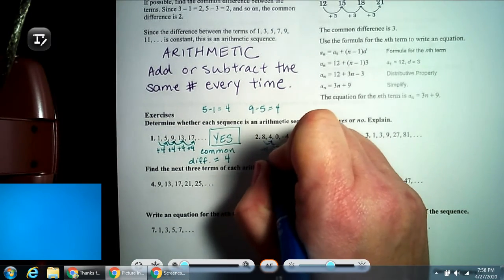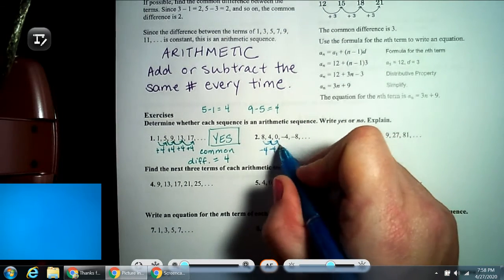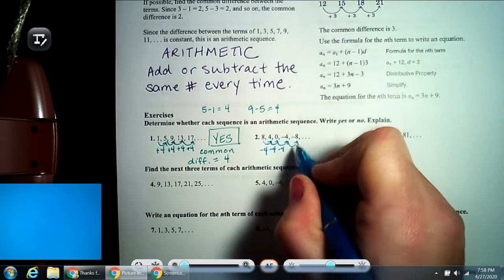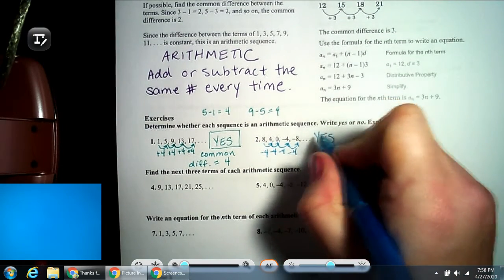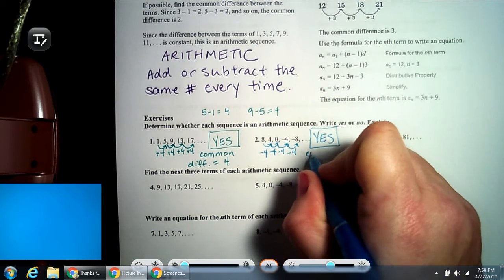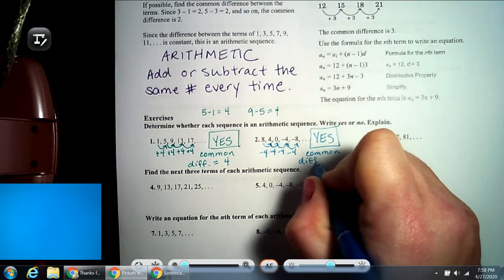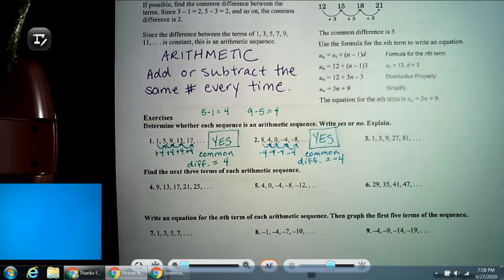Let's try going that again. 4 minus 4 is 0. 0 minus 4 is negative 4, and so on. So yes, this is also an arithmetic sequence because it has a common difference of negative 4. To get to the next number every time, I'm just going to subtract 4.